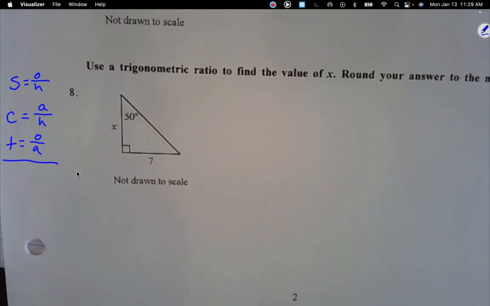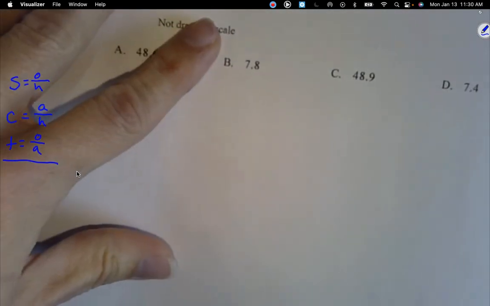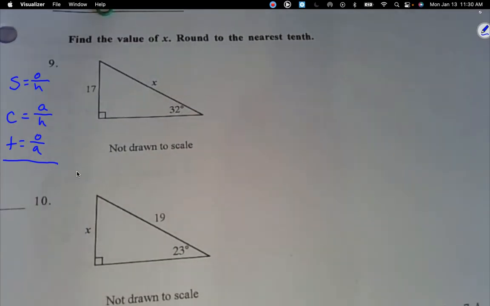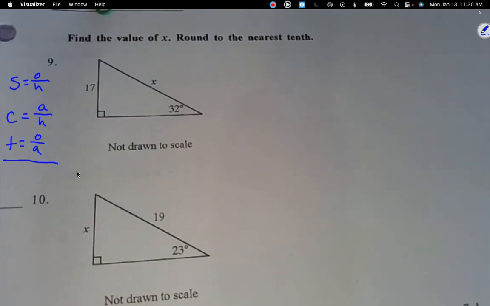So, all right. The next one, number 9 and then 10. Number 9, it says find the value of x. So I'm going to start at my angle and let's figure out sine, cosine, or tangent. It's opposite and hypotenuse. So which one is that? That's up here at sine. So I'm going to do the sine of my angle equals opposite, 17, over hypotenuse.